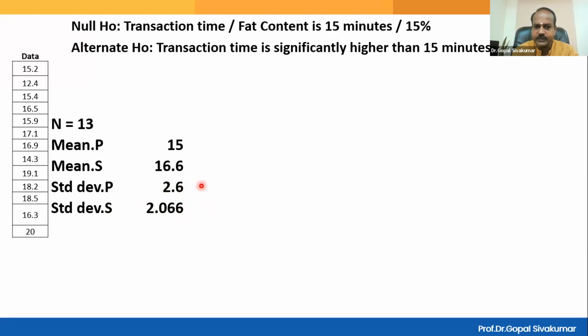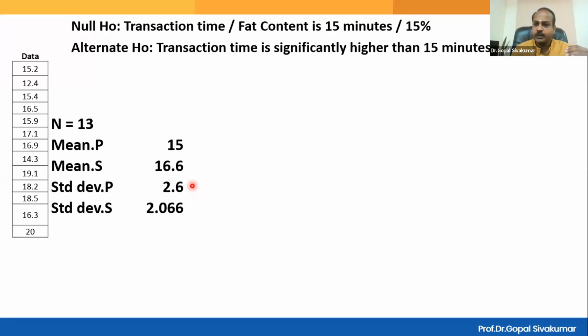Whenever the population standard deviation is not available, you can use the sample standard deviation in that place. Whenever breakfast is not prepared, you can order from Swiggy or Zomato. Similarly, only in that context can you use the sample standard deviation. We know outside food is not healthier, but still what to do? We have to have breakfast. In the same manner, using the sample standard deviation gives a less accurate prediction, but using the population standard deviation is more accurate.